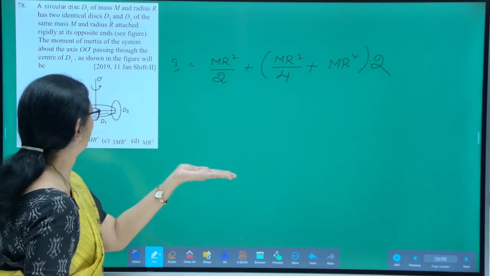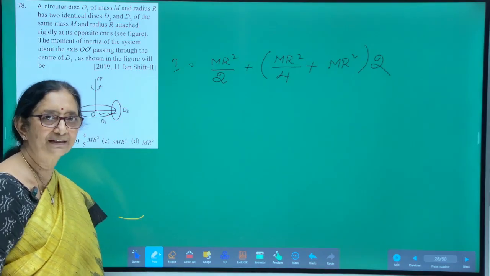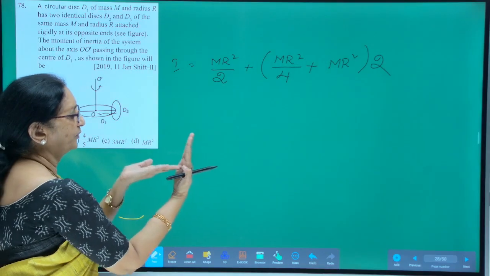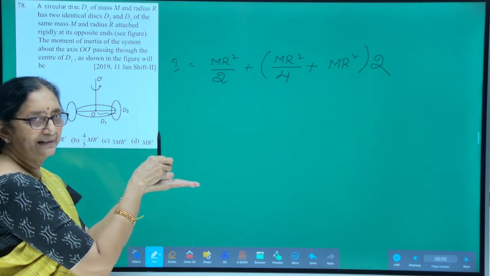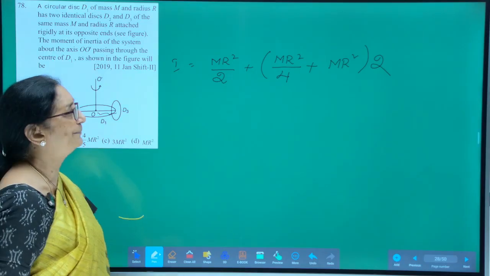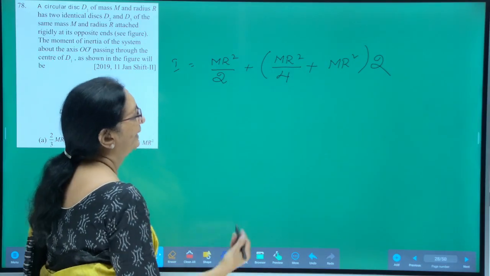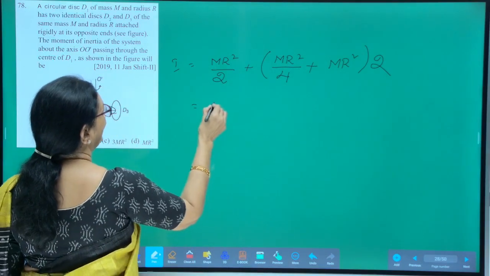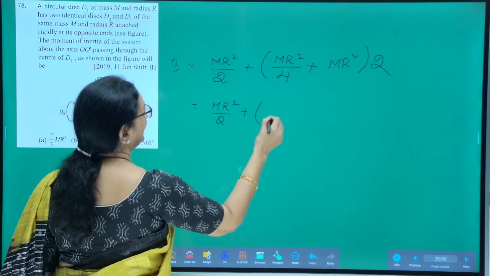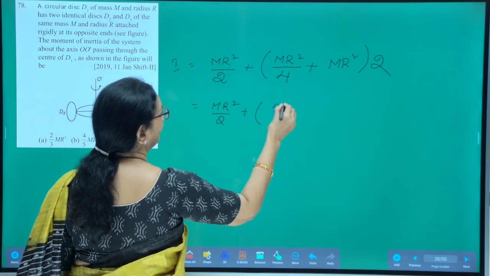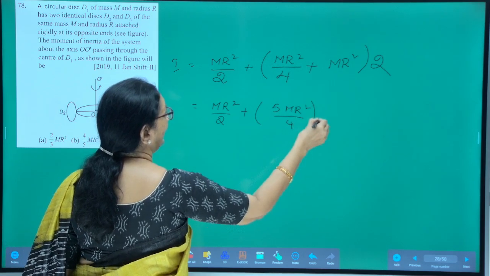So, for the central disc, this axis is perpendicular to the plane passing through the center. For the two discs arranged at the end, the axis is like this, which is parallel to the diameter of the disc. So, mr square by 4 plus mr square, into 2. So, here mr square by 2 plus, if you take the LCM, 5 mr square by 4 into 2.